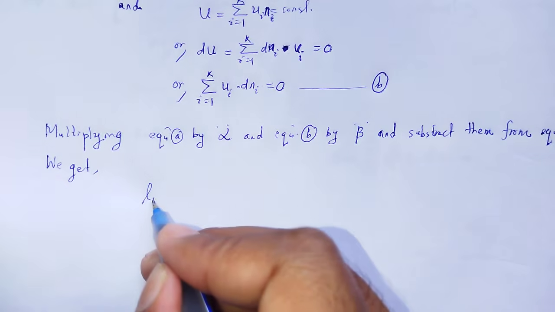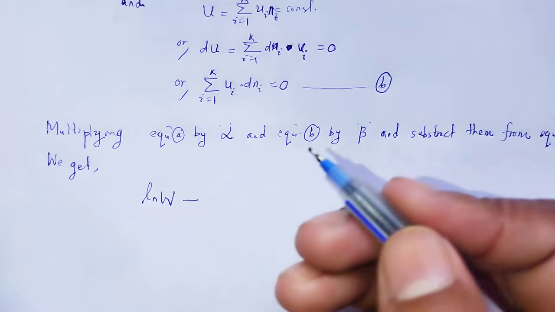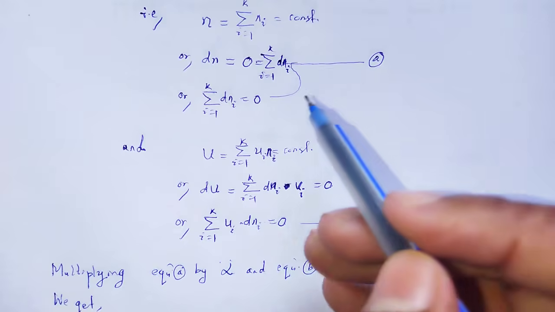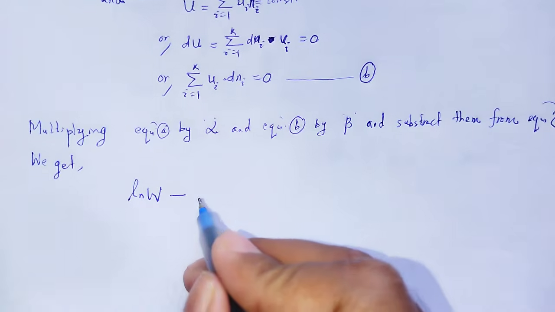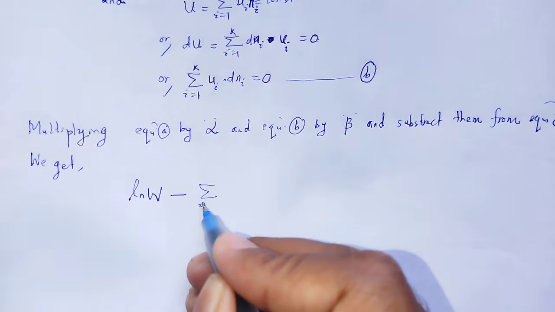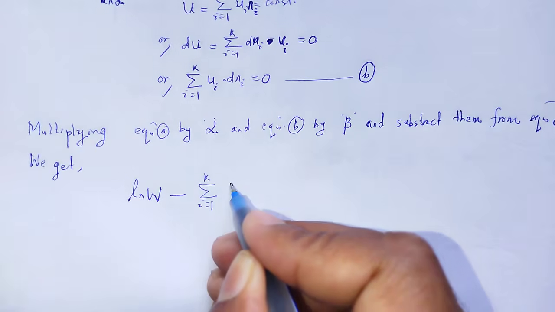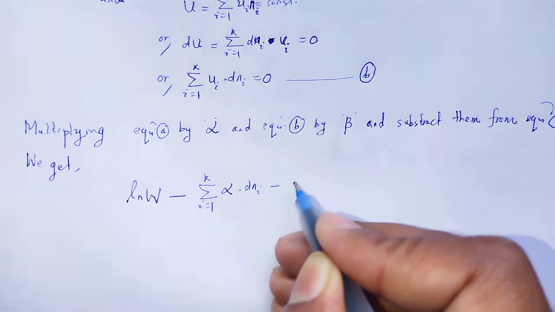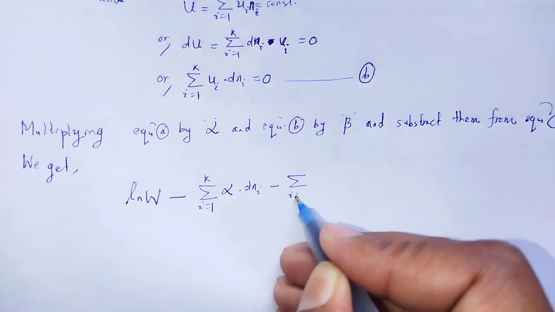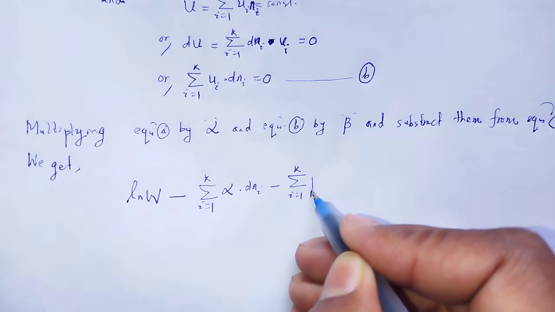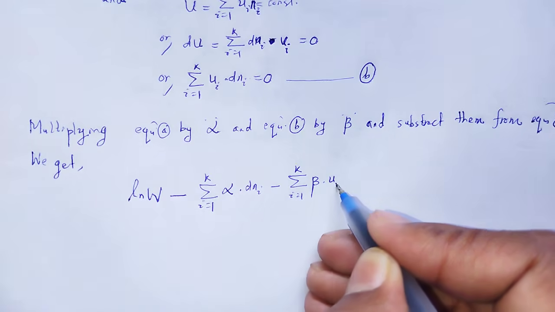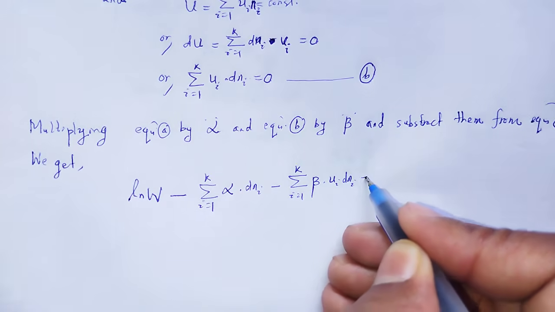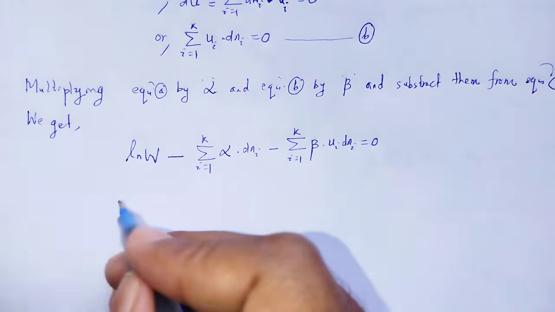d ln W, subtracting that equation multiplied by a constant alpha, summation over i from 1 to k alpha into dNi, minus summation over 1 to k a constant beta Ui dNi is equal to 0.